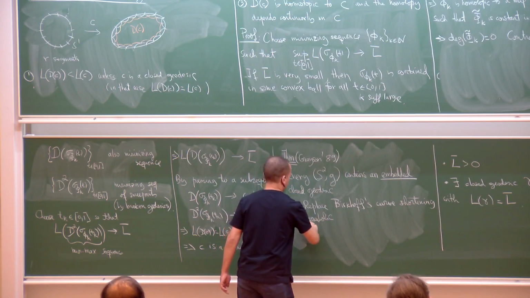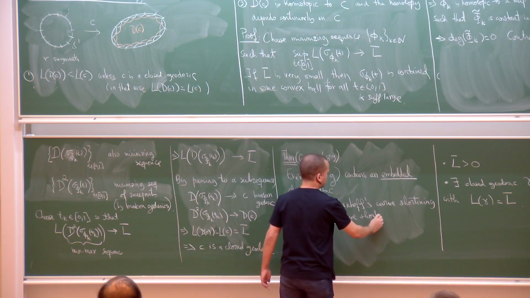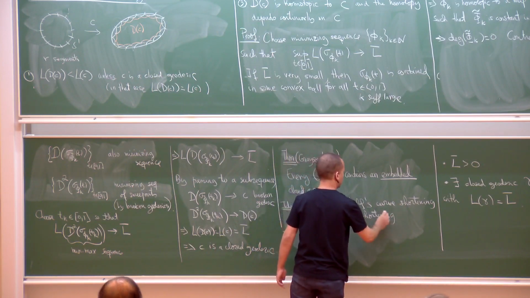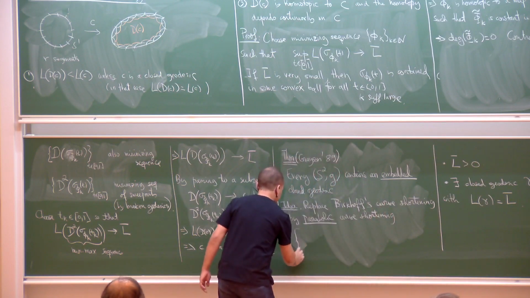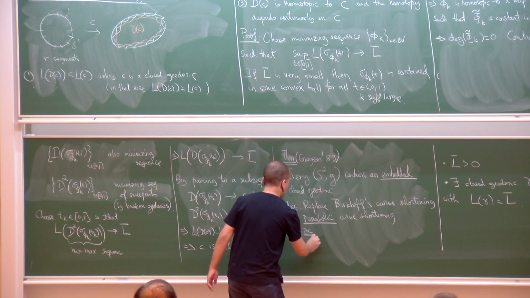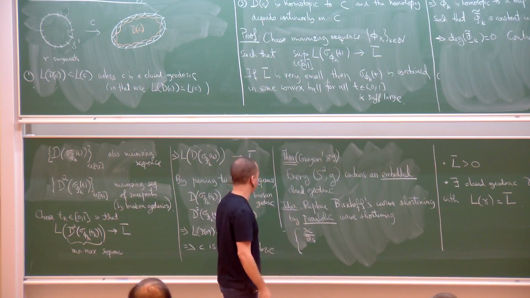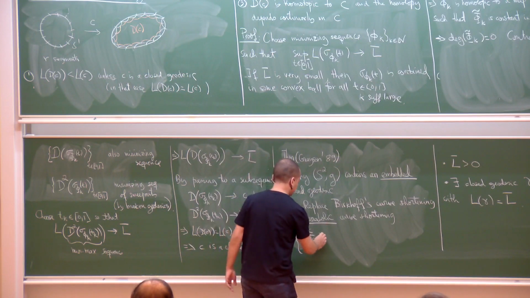Parabolic curve shortening, which is just the equation given by, you have an initial closed curve, and then you evolve the curve according to the curvature.